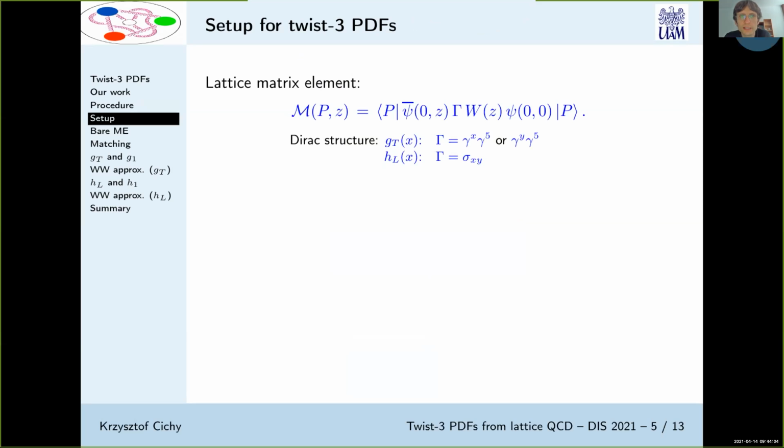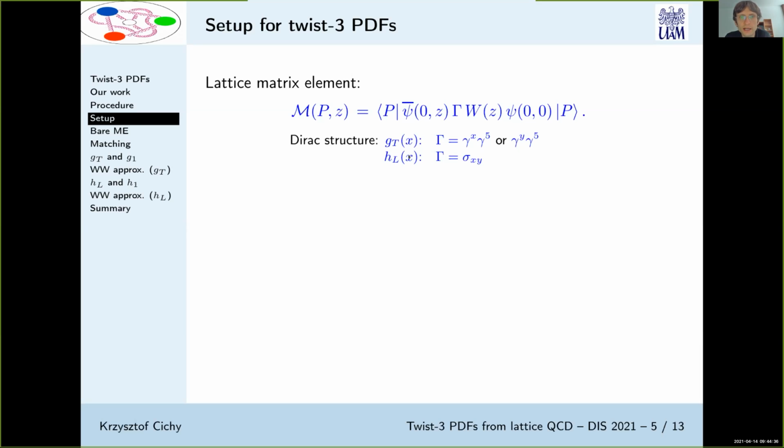The lattice matrix elements that we are computing are of the following form. We have a boosted nucleon and an operator with a quark and anti-quark connected with a Wilson line and some Dirac structure. For GT, we use the Dirac structure gamma 1 gamma 5, or gamma 2 gamma 5. For the Twist-2 helicity, the G1 distribution, this would be gamma 3 gamma 5, where the boost and the Wilson line are in the 3 direction.